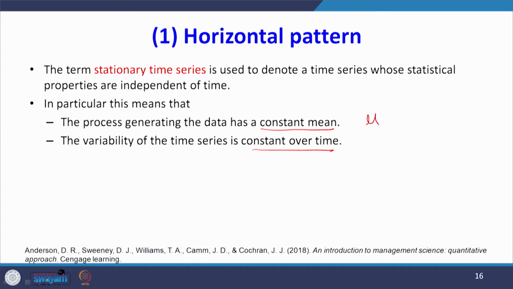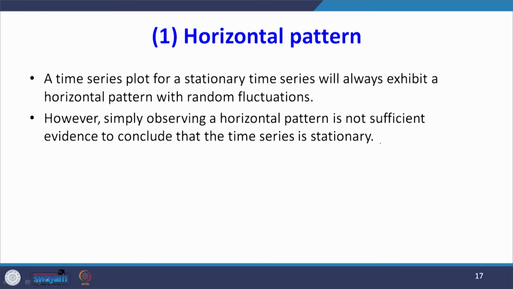So, if the mean and the variance are the same, then we can say that the time series data has the property called stationarity. A time series plot for a stationary time series will always exhibit a horizontal pattern with random fluctuations.